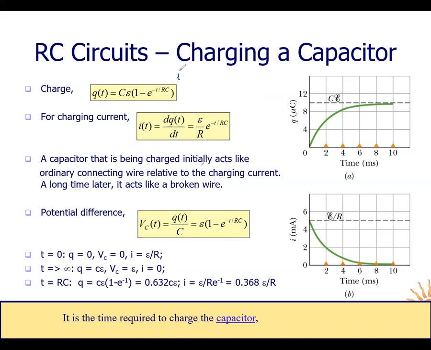So I(t) equals d/dt of C E minus C E exponential minus t divided by RC. Okay, this one is constant. The derivative of a constant divided by dt equals 0. So here we have 0 minus.